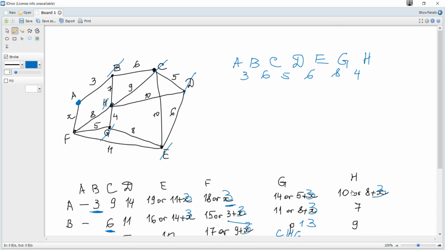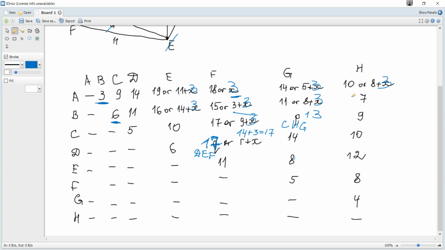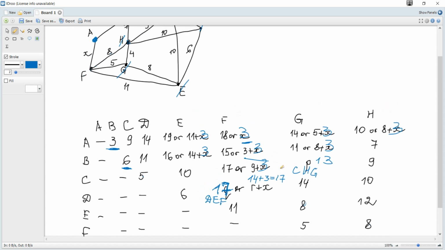From H to F, yes, there is only one variant, it's 8.